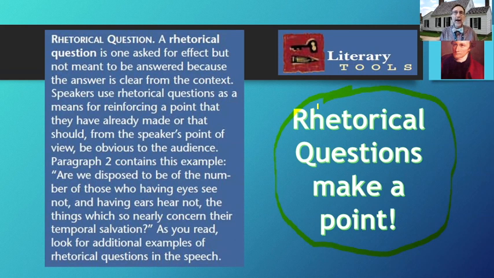So it's a very powerful way of arguing a point because you just ask questions and you make your point in the listener by all those unspoken answers. So you are supposed to answer a rhetorical question. You're just not supposed to speak it out loud, because the answer is up here and it's so obvious no one needs to speak it out loud.